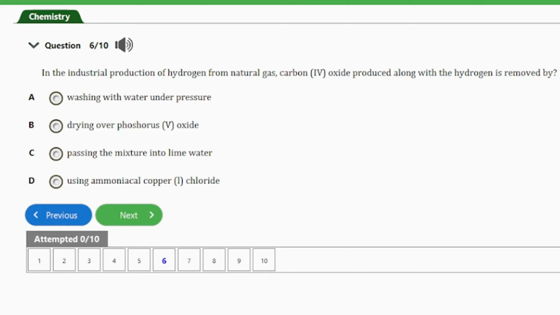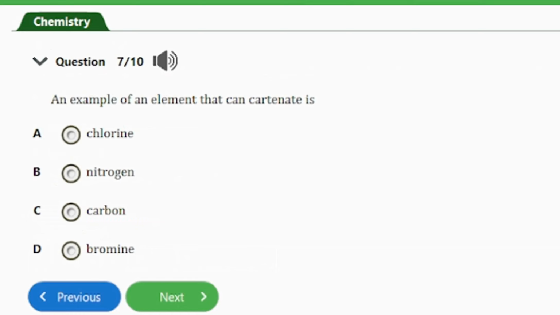D. Using ammoniacal copper(I) chloride. So guys, the answer to this question is option A here, and that's washing with water under pressure. So carbon dioxide is removed from the mixture by dissolving it in water, and that's water under pressure of about 30 atm. So let's consider the next question.